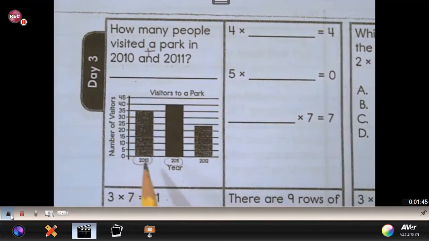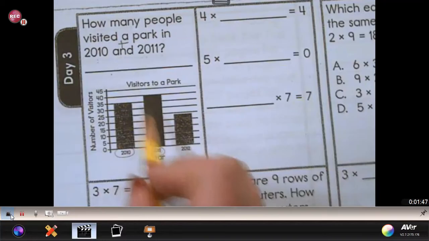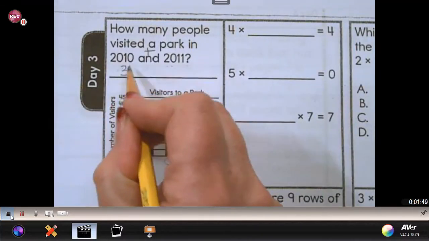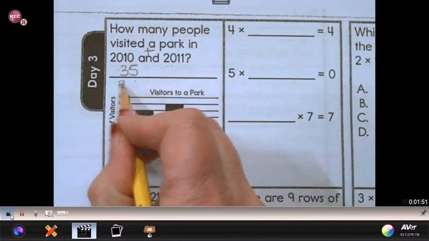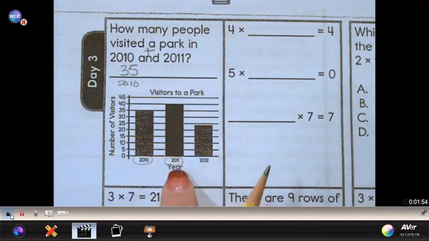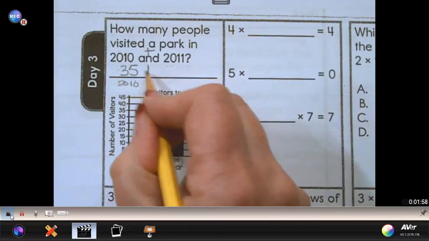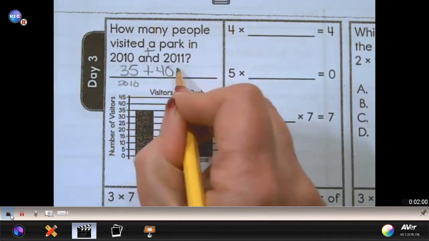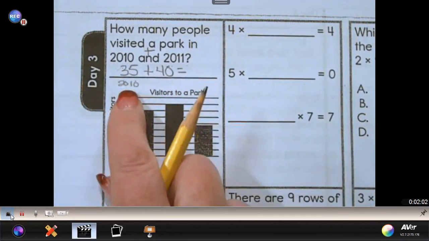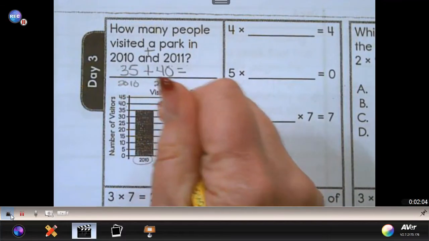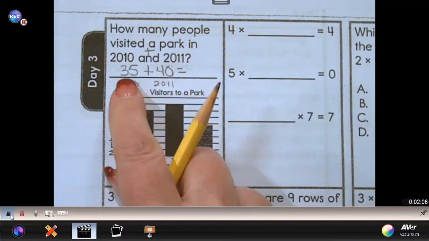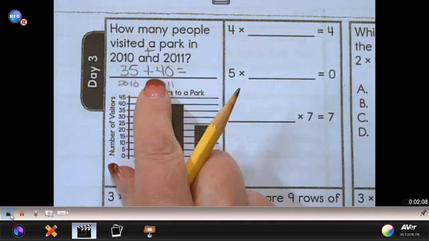So we're not going to use this information for our problem at this point. Now, if we were to take 2010, we said that that's 35 visitors in 2010, and in 2011, we have 40 visitors. And when we add those together, we would say 30 and 40 is going to make 70.